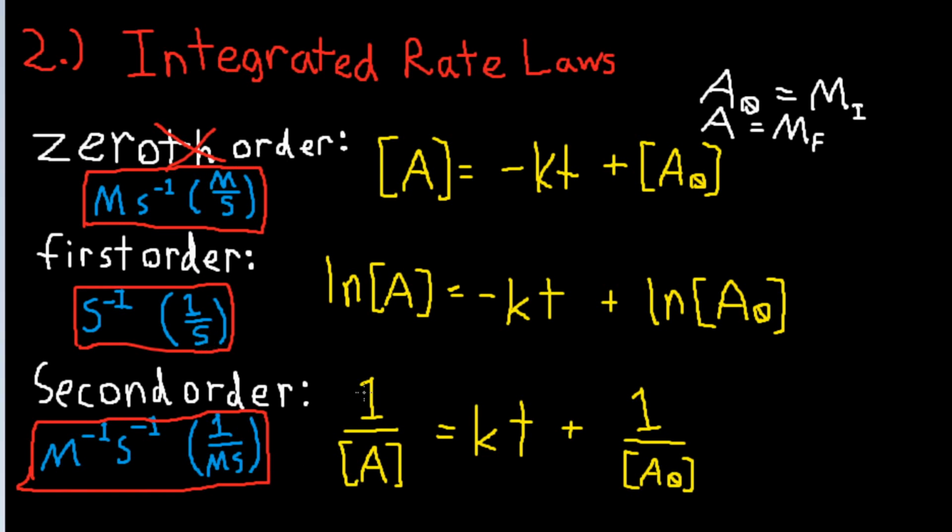So it's 1 over A equals the constant times time plus 1 over A sub 0. And one thing I need to mention, A sub 0 in these problems will be the initial molarity of the reaction, and then A itself will be the final molarity of the reaction.